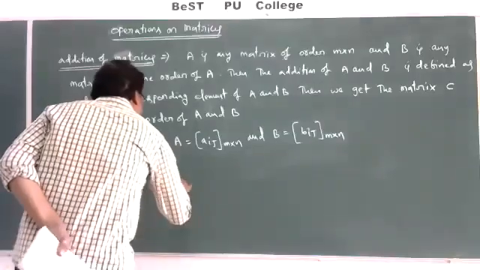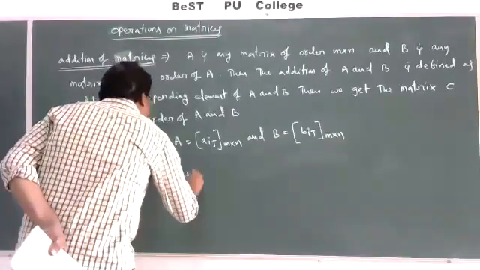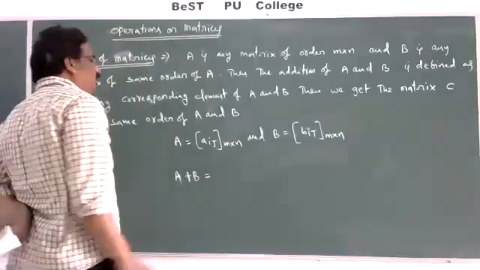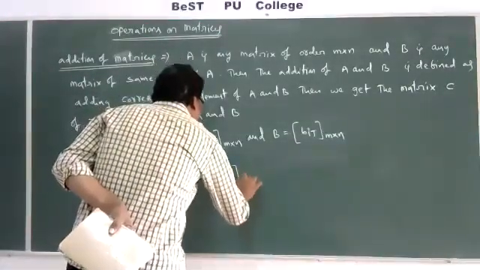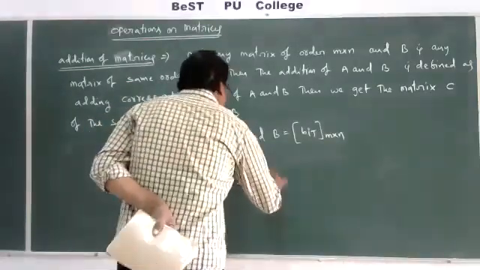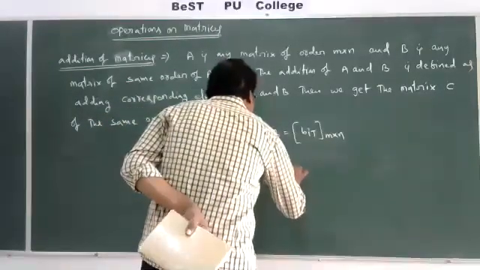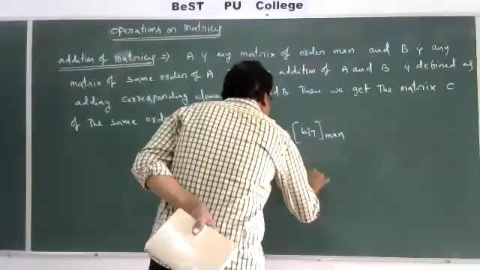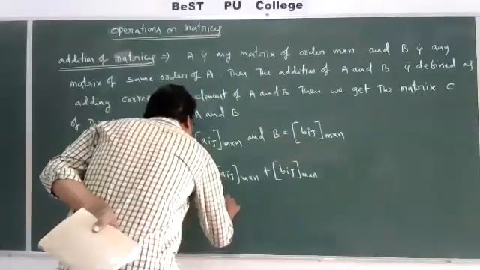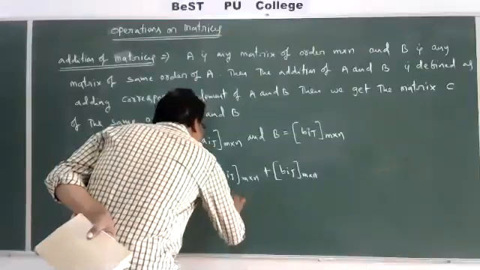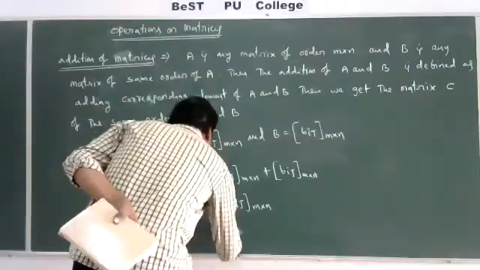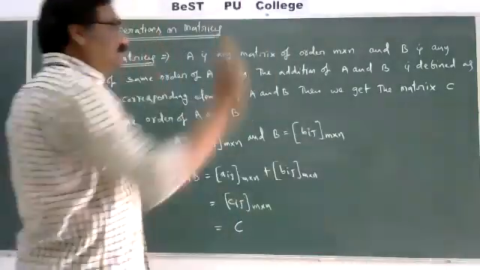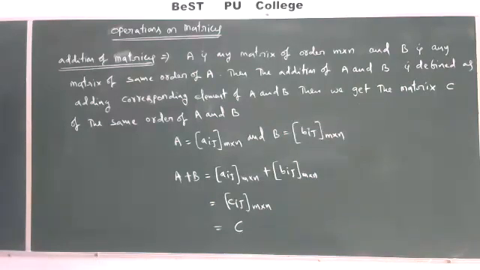Then A plus B is equal to Aij m by n plus Bij m by n. Then you get Cij m by n, same order, that is equal to C. That's the addition of matrices.